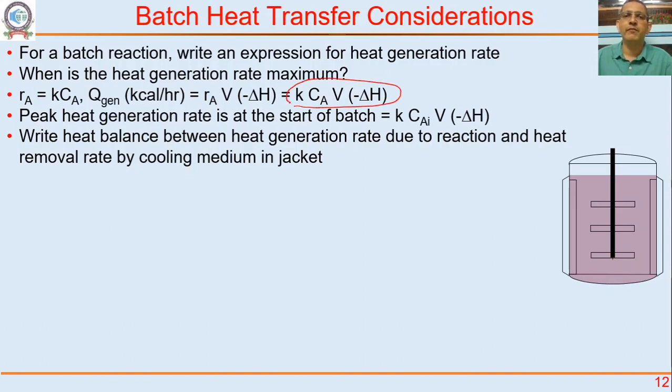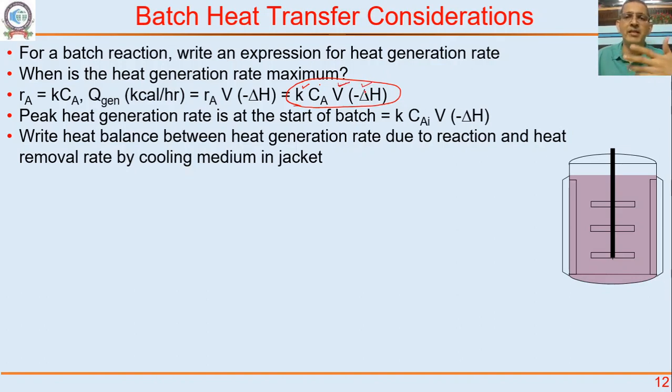Rate of heat generation. When will it be maximum? If K is a constant, provided it is an isothermal reaction. Else K will change with respect to time. Ca will change with respect to time. Volume is constant, delta H is constant. It's a property provided.